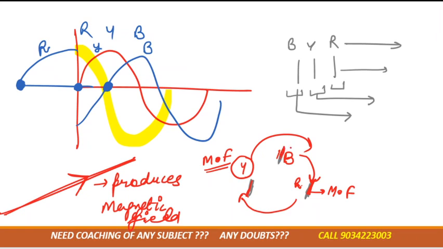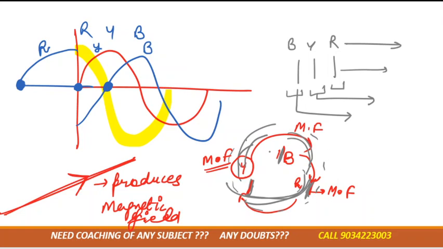Now the current flows in the B wire, then it is also producing a magnetic field. If the currents are rotating, like first current goes to R, then Y, then B, then their magnetic field also rotates, because first R goes, then Y goes, then B goes, again R, then Y, then B. So the magnetic field produced by these three wires will also be in the form of a rotating magnetic field.